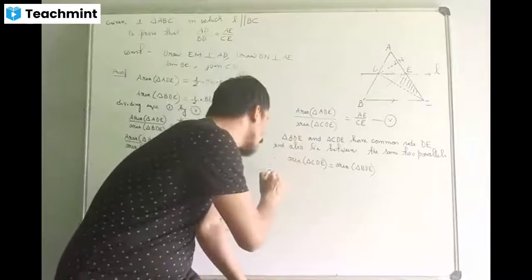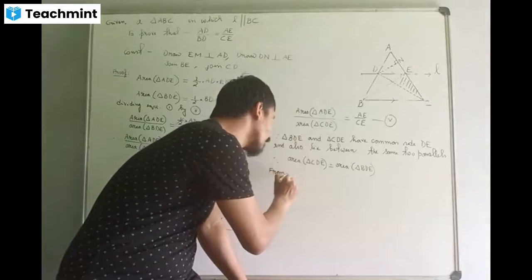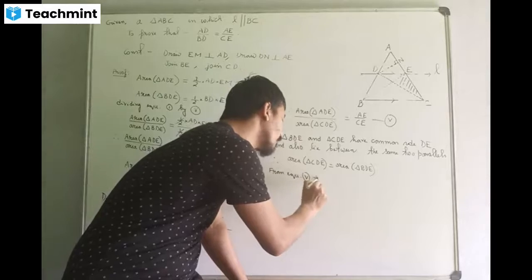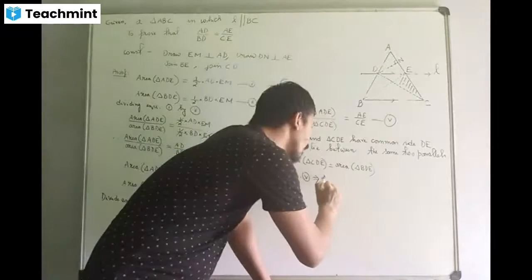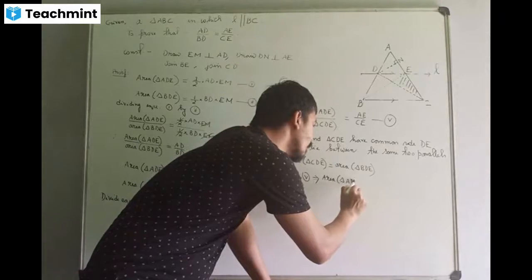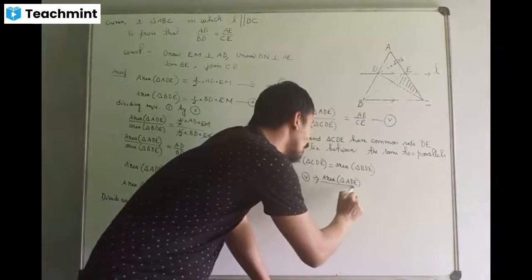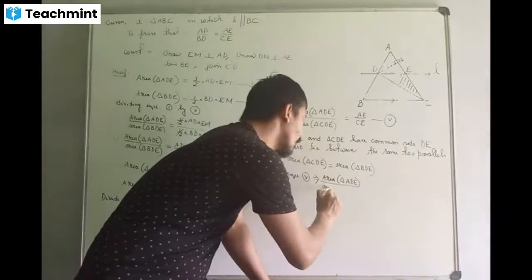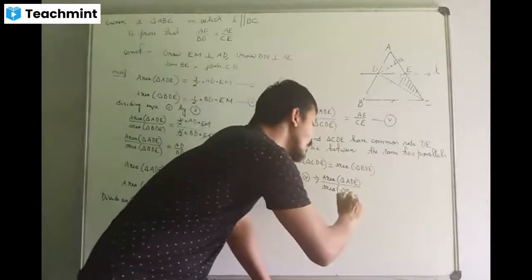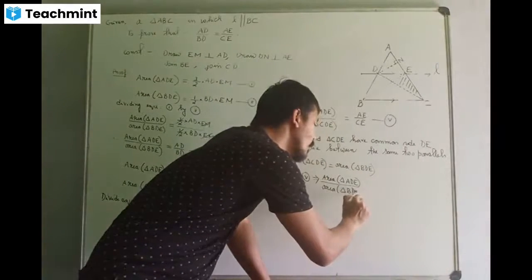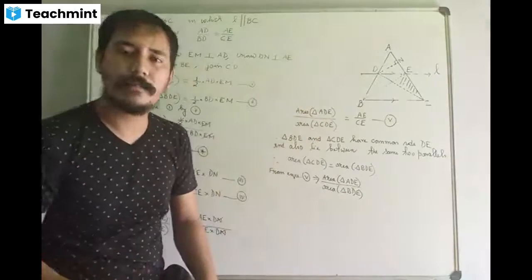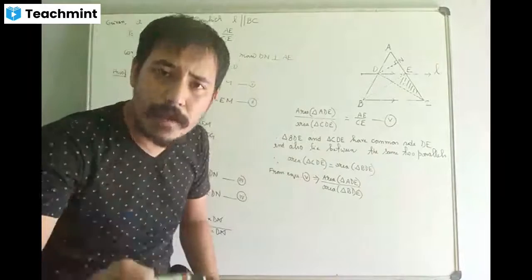So from equation 5, we have area of triangle ADE upon area of triangle BDE, since BDE and CDE have the same area.